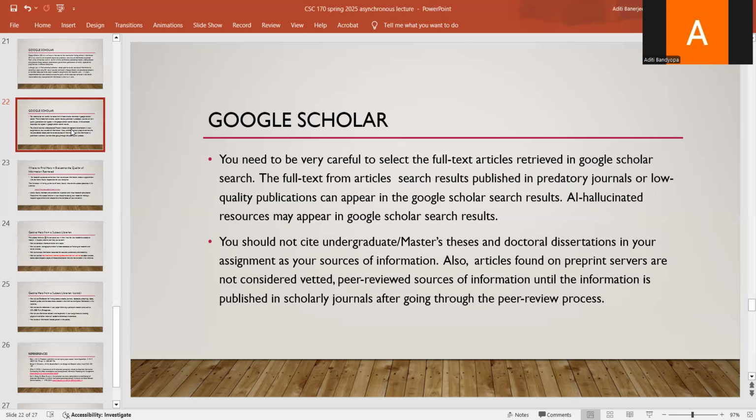You should not cite undergraduate or master's thesis and doctoral dissertations in your assignment as your sources of information. Also, the articles found on preprint servers are not considered vetted peer reviewed sources of information until the information is published in scholarly journals after going through the rigorous peer review process.